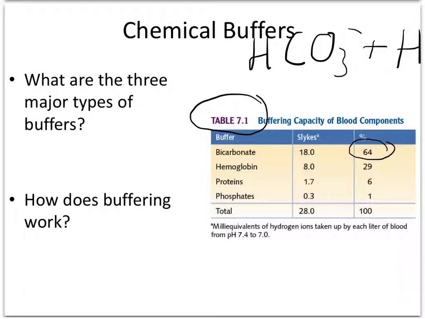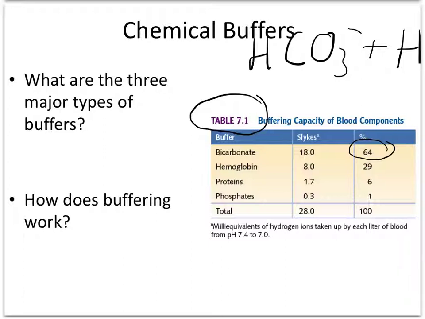When these two come together, it's going to form carbonic acid, like we've talked about, and then it's going to dissociate into CO2 and water, and that CO2 is going to be able to be released by the lungs. So that's the first major type of buffer, bicarbonate.